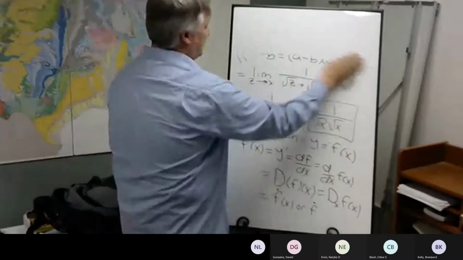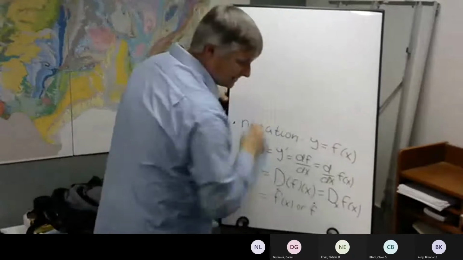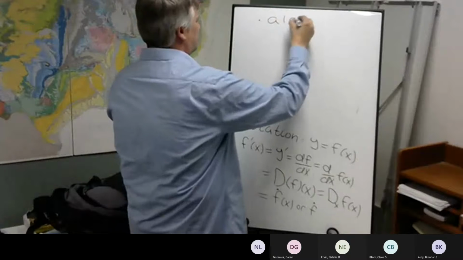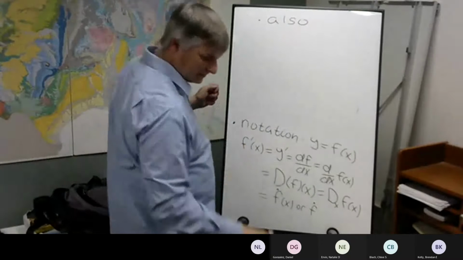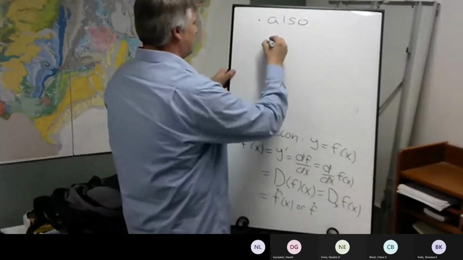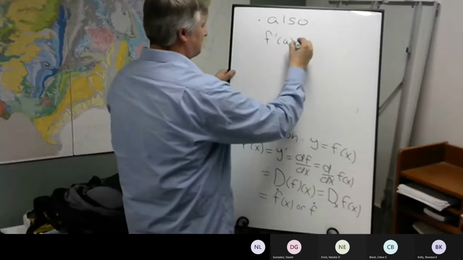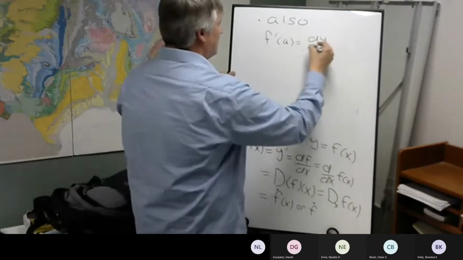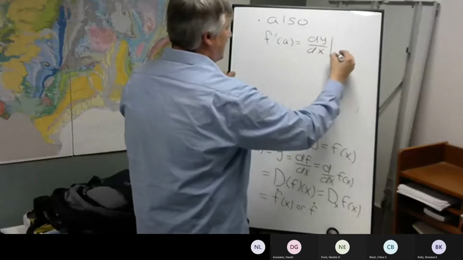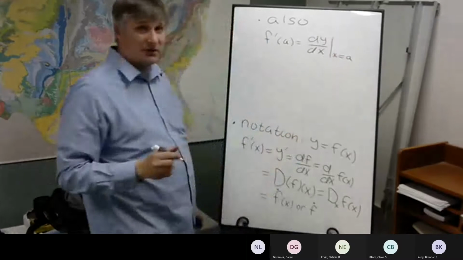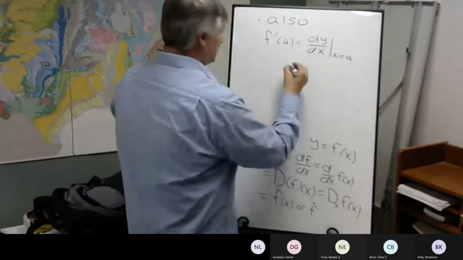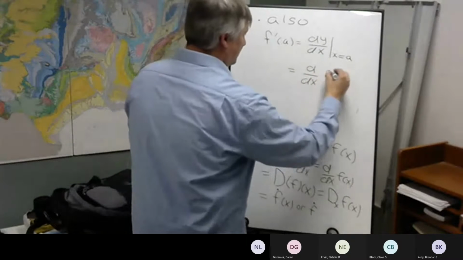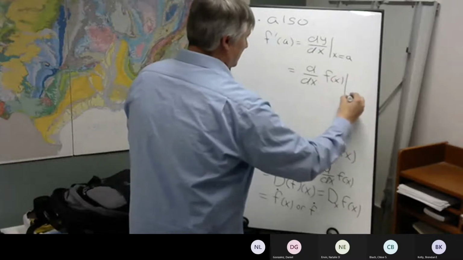Now, if you specify a specific point, you can also see this: f prime of a, or dy dx at x equals a, or d dx f of x at x equals a.